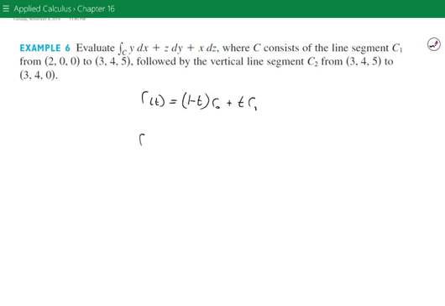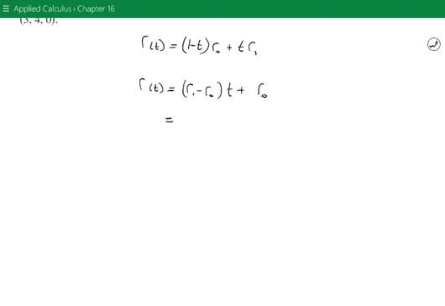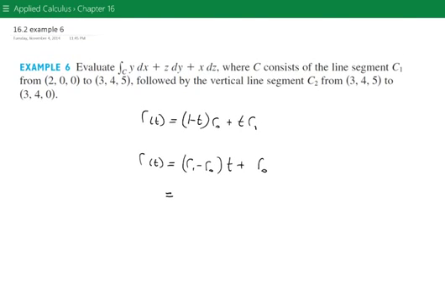So we can say that r(t) is equal to some rate of change times t, which is r1 minus r naught, plus r naught. And r1 minus r naught is just going to be the difference between the points.